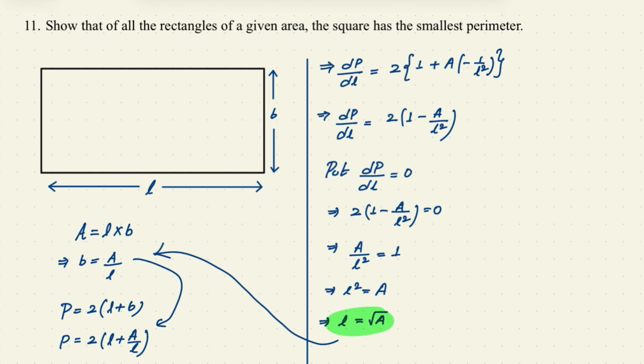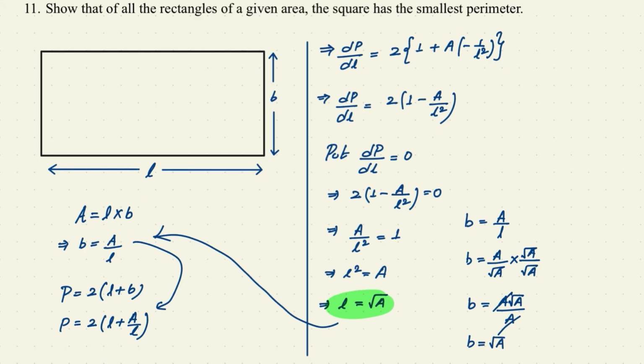Then we will have B equals A by L, which means B equals A by putting the value of L as root A. So here it will be A by root A. Now rationalizing the denominator, we will get B equals A root A by root A times root A is A. So here A and A got cancelled, and my breadth is also root A.